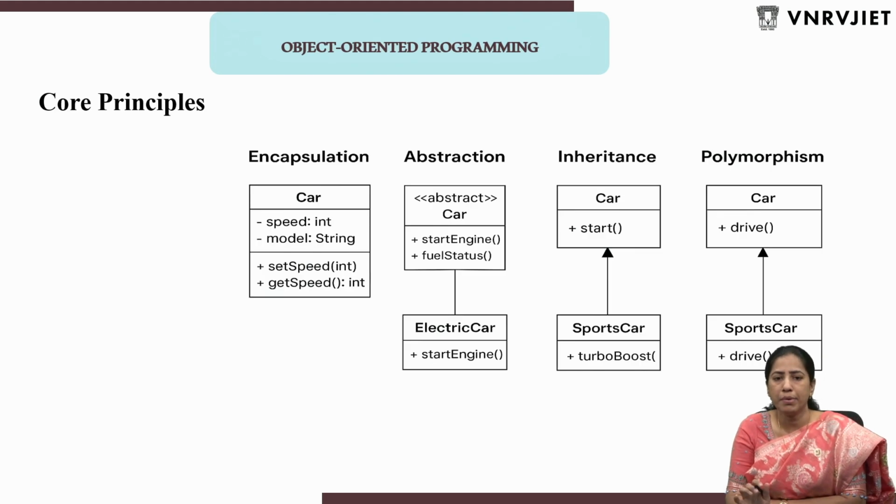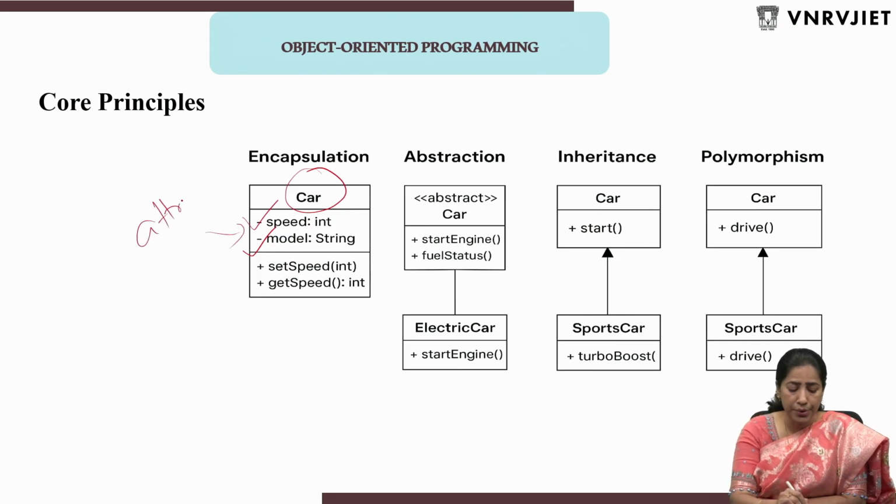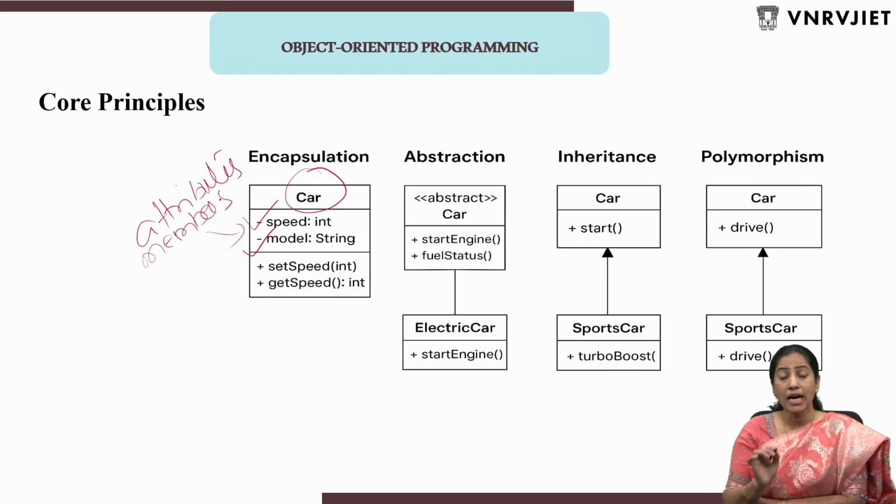If you see an example here, I have taken an example. What is encapsulation? Here we have defined a car class with properties like speed and model. Two properties. These properties are called attributes, or these are called members. The car class not only has the member attributes but also the behavioral aspect.